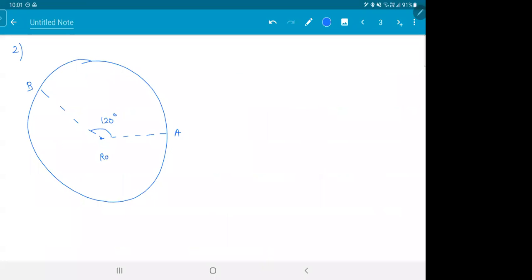The angle is 120 degrees, radius is r. So we have an ant here which goes on the circle from A to B. Find distance and displacement.